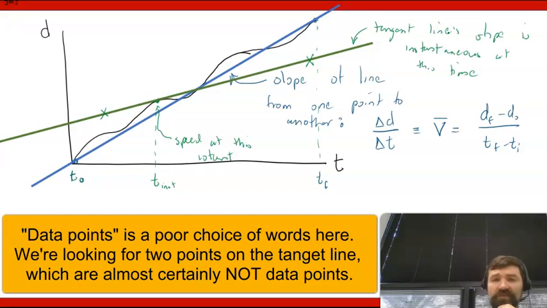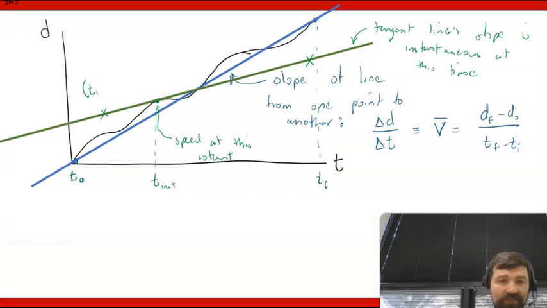So I'd basically just use the data points for these two. So let's say that this is like time 1, distance 1, and maybe this is time 2, distance 2. Well, v at this time would be distance 2 minus distance 1 divided by time 2 minus time 1.